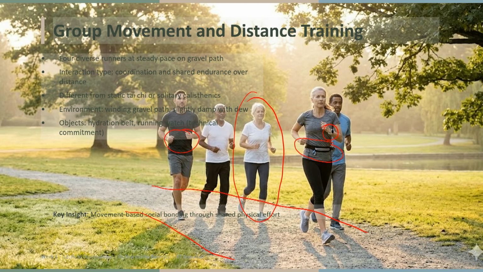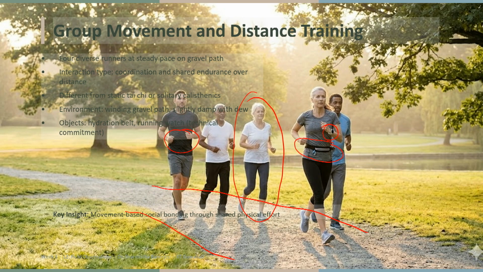When I look at this particular scene, my key insights can be that Tai Chi was a different kind of social interaction. Here, when you are running together, you are still interacting with each other. Most likely in this frame, I observe that they are interacting to a certain extent, but the interaction is very different in nature. The interaction in Tai Chi was more non-verbal, and they were following the actions of the leader.